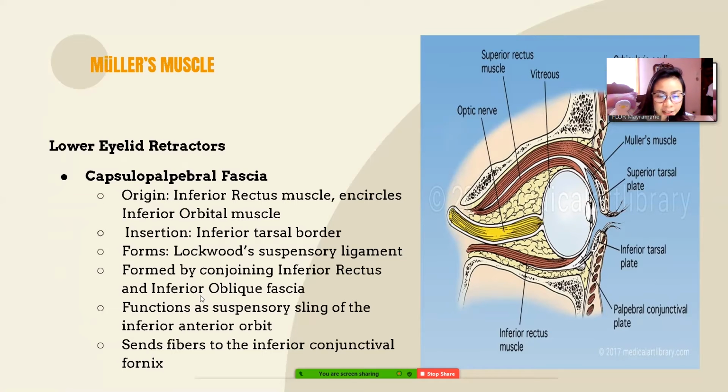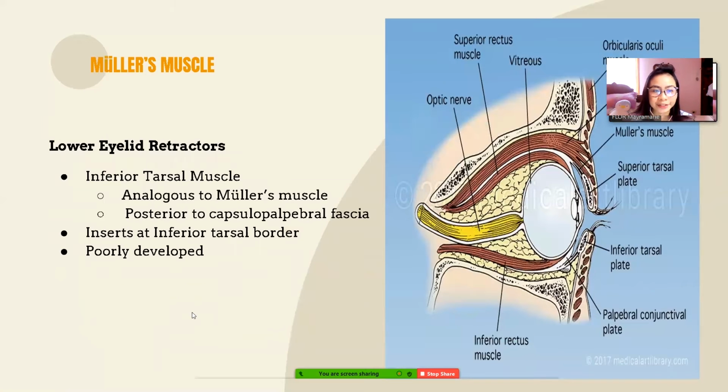It functions as a suspensory sling of the inferior anterior orbit. Fibers go to the inferior conjunctival fornix. Lower eyelid retractors: the inferior tarsal muscle is analogous to Müller's muscle, posterior to the capsulopalpebral fascia, and inserts at the inferior tarsal border and is poorly developed.